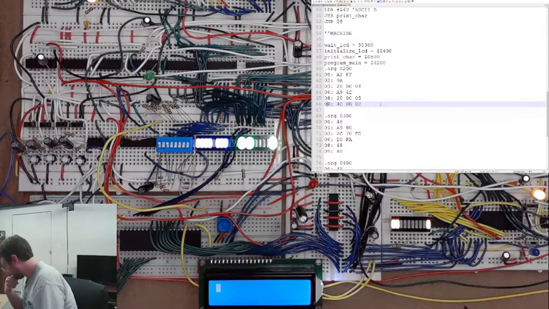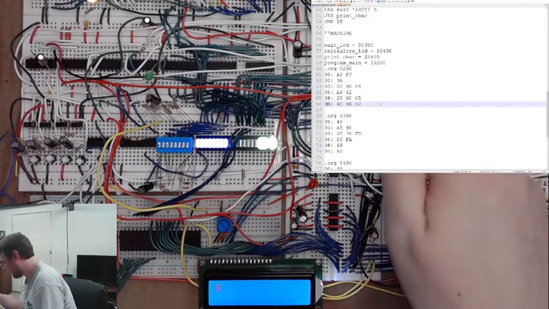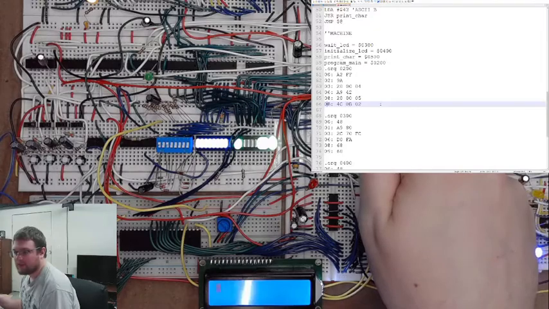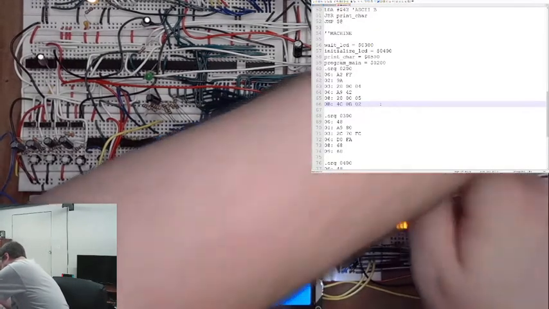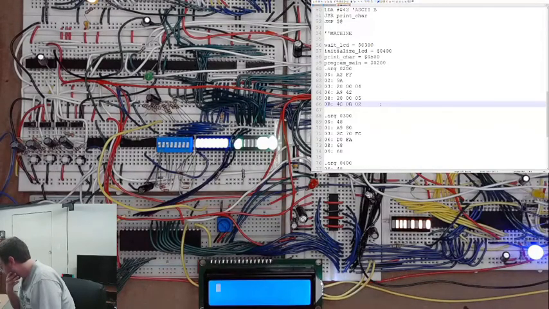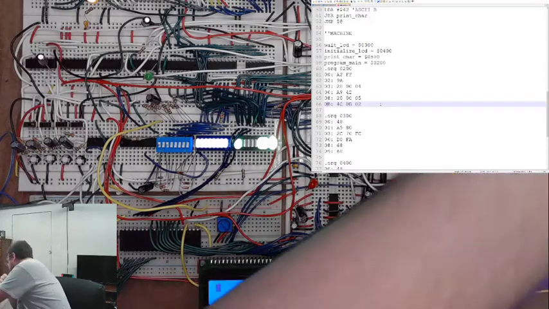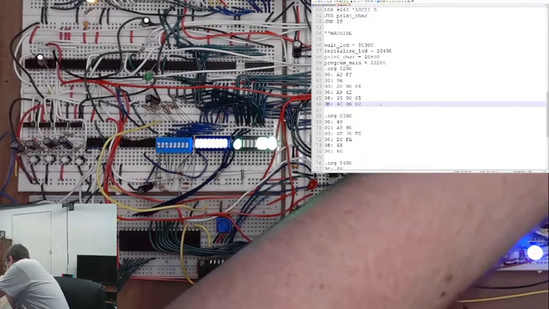Clear the screen, turn it on, or enable it, turn it on, and then, where's my B? Putting it on the clock doesn't work. And I'm not sure why. Let's clock it even slower.